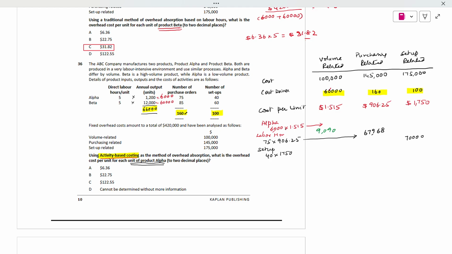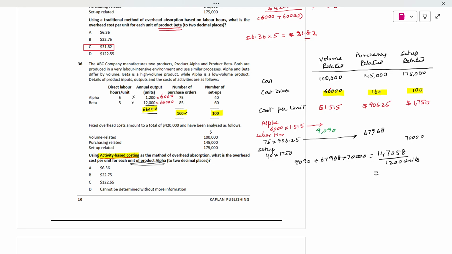How much will you get? 9,090 plus 67968 plus 70,000 comes to 147058. How many units are there for alpha? 1200 units. Alpha's annual output is how much?